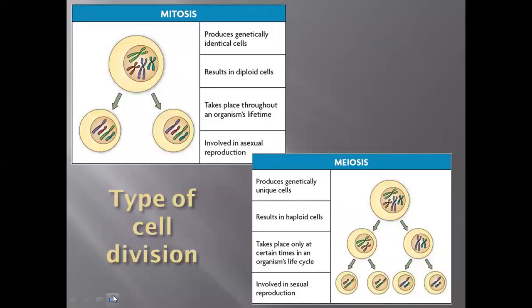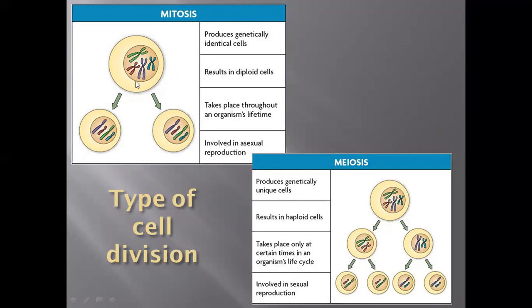The last topic of the chapter is types of cell division. Cells divide, right? From the pre-existing cell, the new cell arises. There are two types of cell division. Number one is mitosis and number two is meiosis.